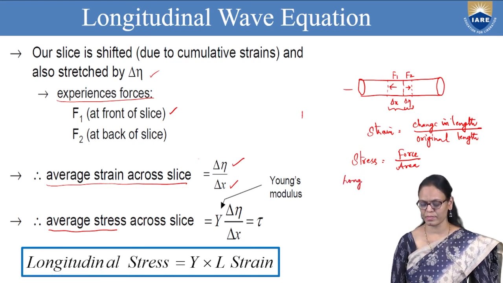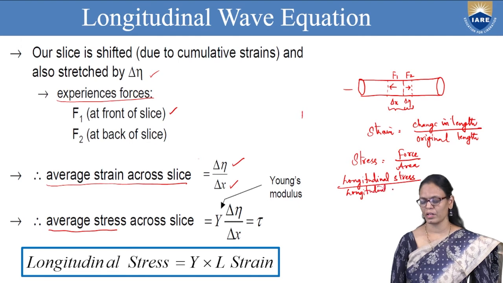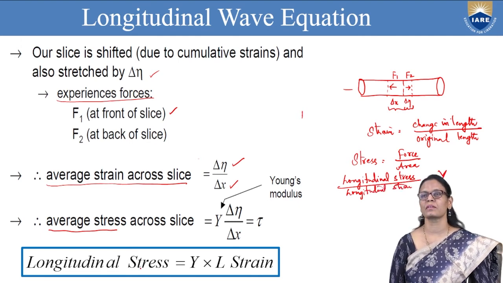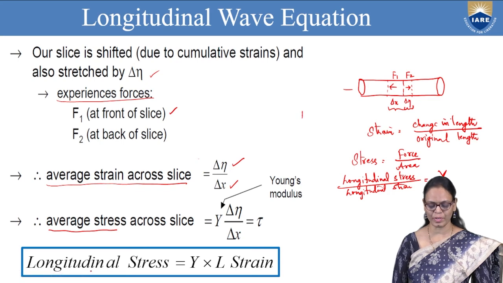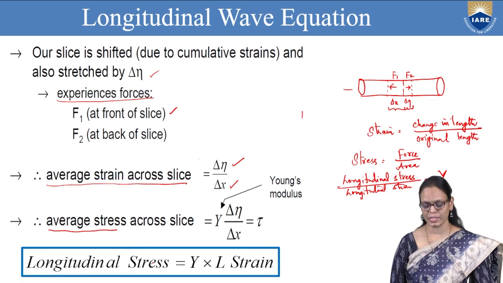Longitudinal stress upon longitudinal strain gives us Y, that is the Young's modulus. Stress is now given by Y into longitudinal strain. So we are going to use this formula: longitudinal stress is equal to Y into longitudinal strain.